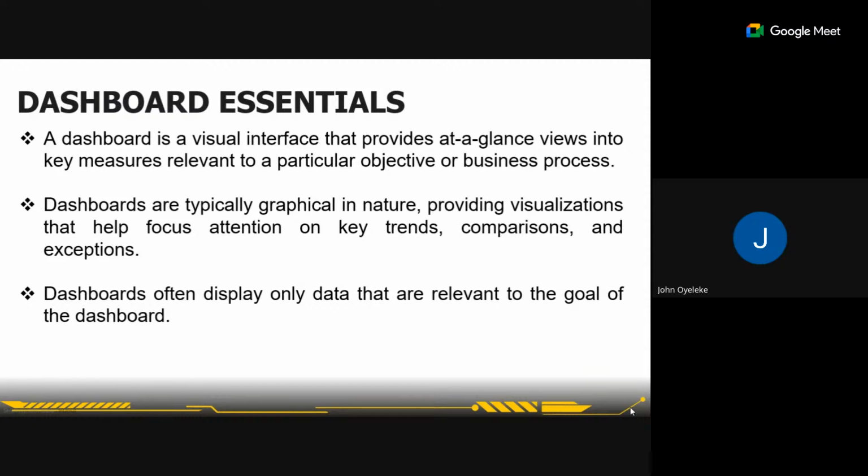As much as possible, we do less of tables. You understand? We have tables, we have pivot tables. So as much as possible, we might need to use less of pivot table, or don't even use pivot table at all on a dashboard. It's more of charts everywhere showing different measures.